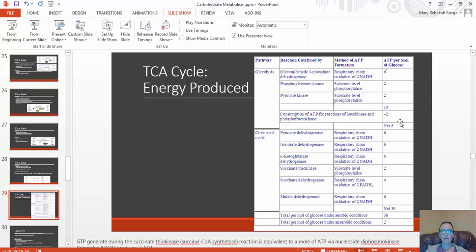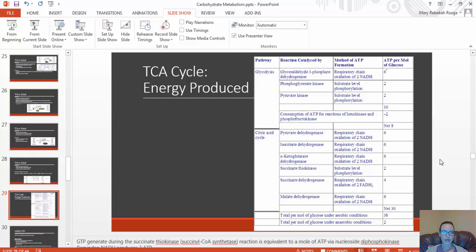Remember that the NADHs are equivalent to about 3 ATP, and the FADHs are equivalent to about 2 ATP. So in different sources, you may see the net amount of ATP produced per mole of glucose be a little bit different. The reason is that different authors may use different equivalents of ATP for NADH or FADH2.